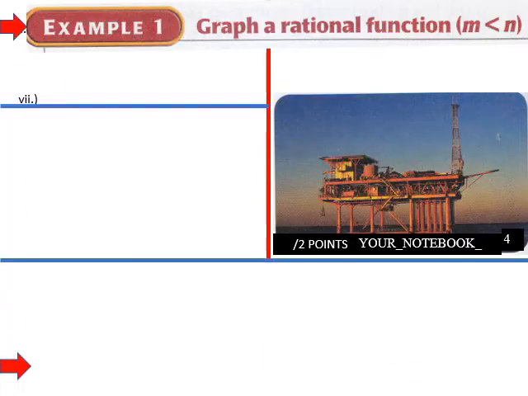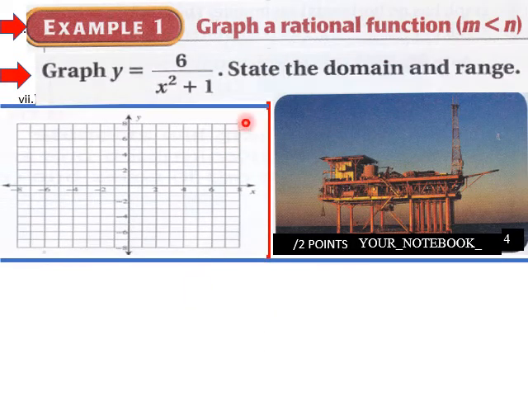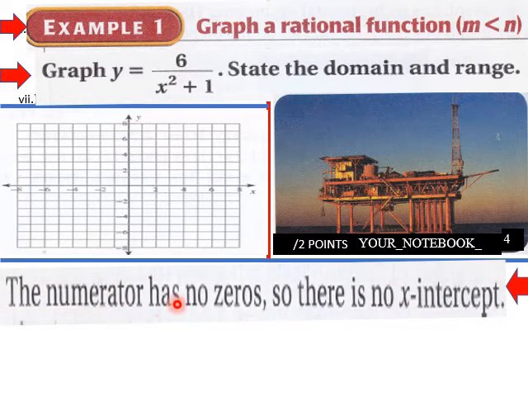Well, here we are. Example 1, graph a rational function where m is less than n. Graph y equals 6 over x squared plus 1, and state the domain and range. The numerator has no zeros, so there is no x-intercept.